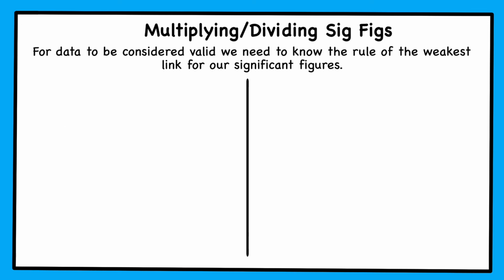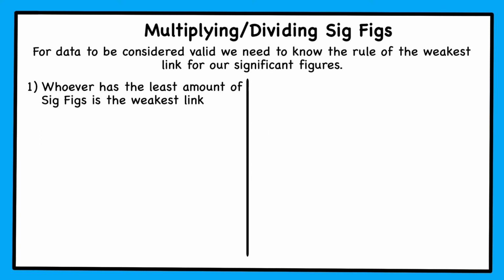Okay, our last rule for this video is multiplying and dividing significant figures. These are super easy. The rule for determining the weakest link is the number with the least amount of sig figs overall. Just like our addition, our weakest link determines how many significant figures are within our number. So if I multiply my 5.26 times 6.1, I would see that my 6.1 has 2 sig figs while my 5.26 has 3.